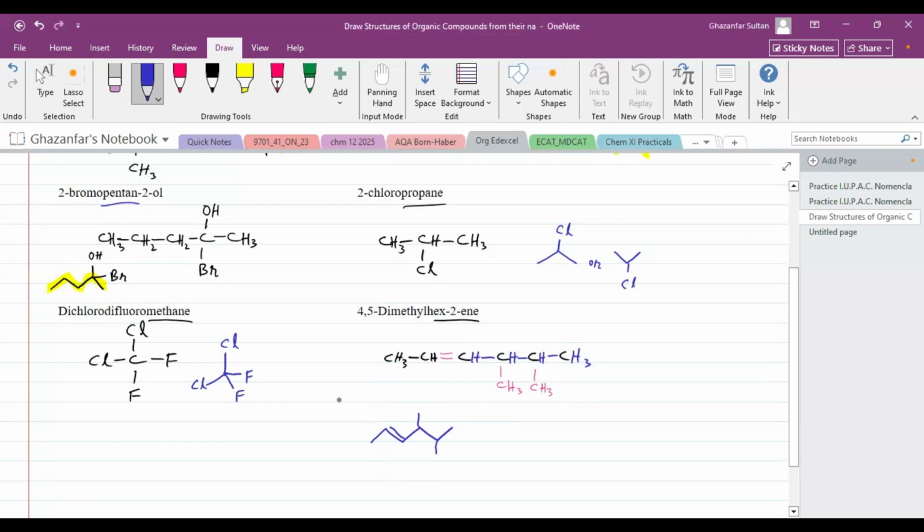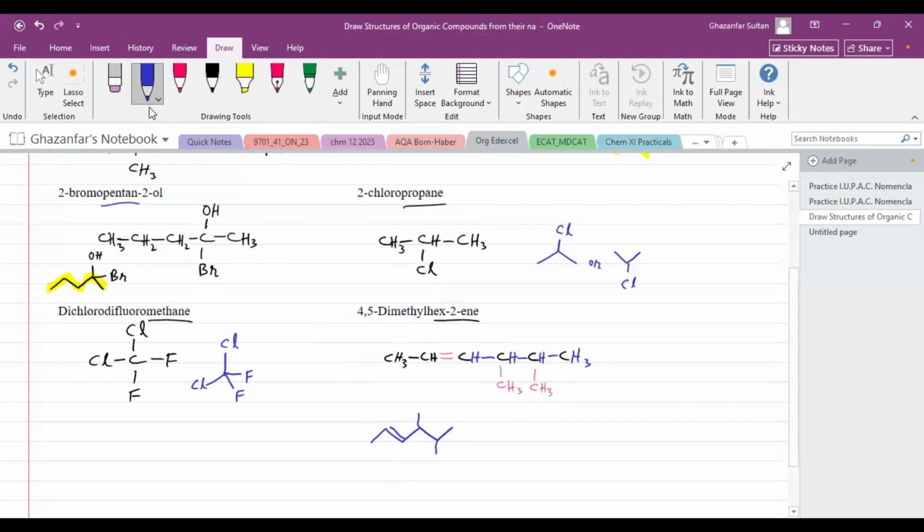So you have these ways to write the structural formulas or the bond line formula of the compounds. And you can even draw directly in this way. How? Hexane. So you draw the hexane, with a double bond on the second and third position.